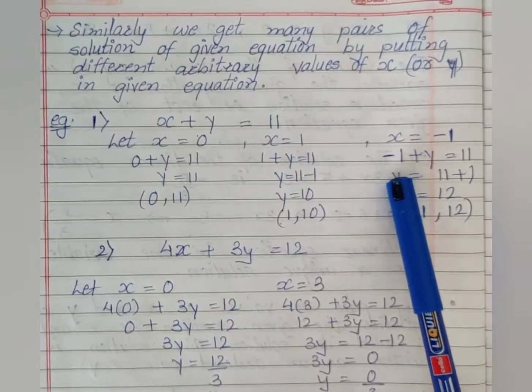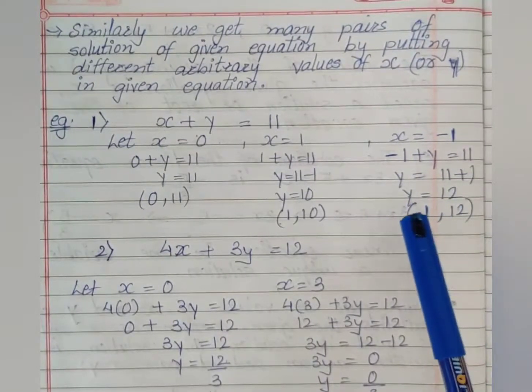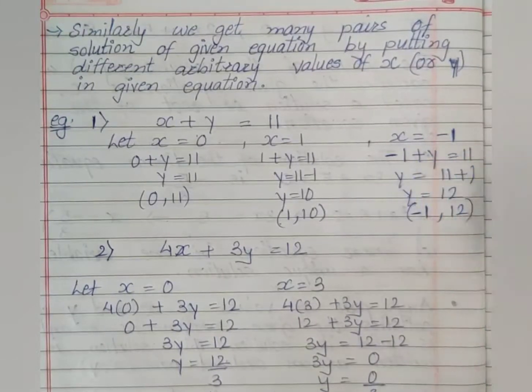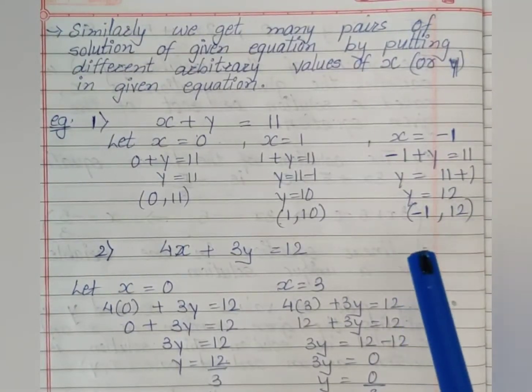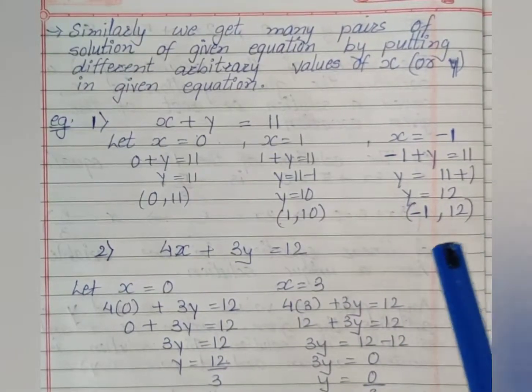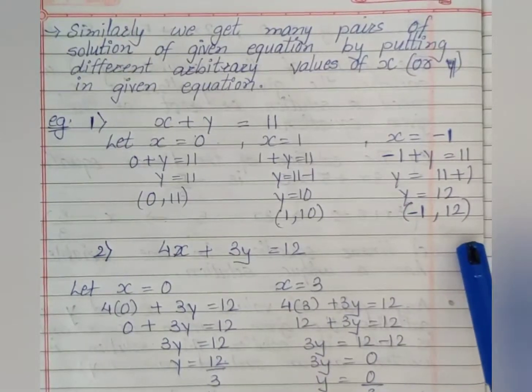So we get minus 1 plus y equal to 11. Further solving, y equal to 11 plus 1. Minus 1 when transposed to the opposite side becomes plus. So y equal to 12. So the ordered pair is minus 1 and 12. Means if the value of x is minus 1, y will be 12.